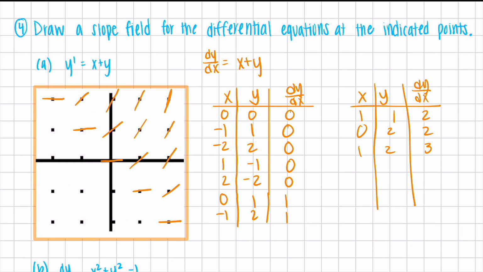Let's fill in the bottom left. At negative 1, 0, my slope is negative 1. And at 0, negative 1, my slope is negative 1. We want to continue this. At negative 2, 0, my slope is negative 2, so I need to be steeper.